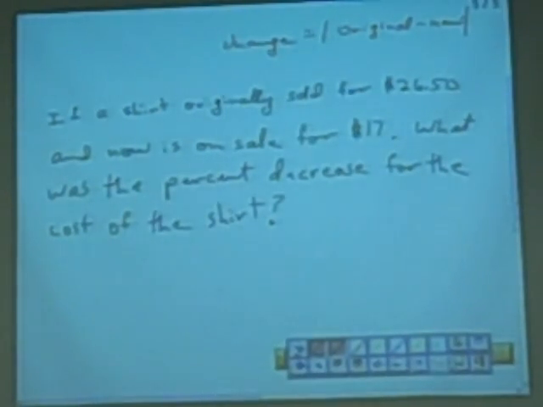Okay, so we're looking for percent over 100 is equal to our change over our amount.